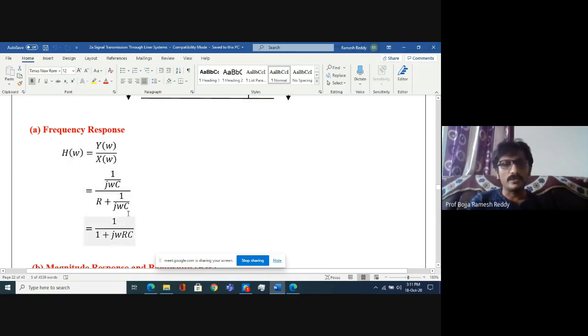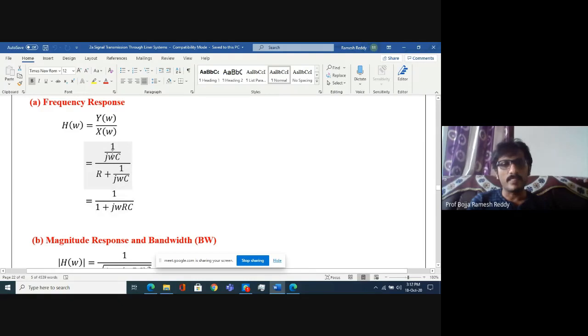Now take j omega RC as LCM here. What happens? 1 divided by j omega RC gives 1 plus j omega RC in the denominator. The j omega RC gets cancelled. It is simply 1 divided by 1 plus j omega RC. That's all.